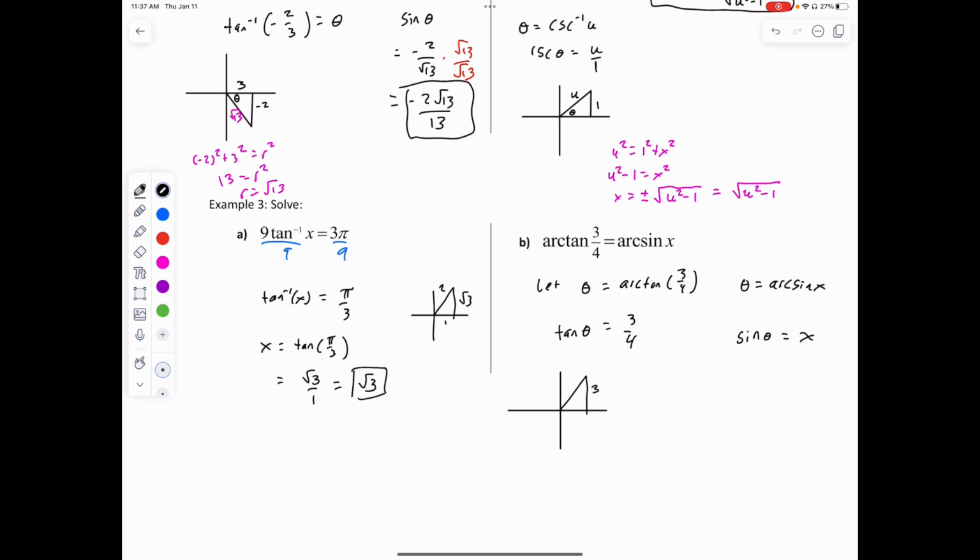We've got an opposite of 3 and an adjacent of 4. That's a perfect 3, 4, 5 triangle. So this hypotenuse is 5. And therefore, if I want the sine of that angle, I am really just taking the opposite 3 over hypotenuse 5. And that will be the value of sine of theta, or I guess I should say the value of x, since we were using x in this problem.